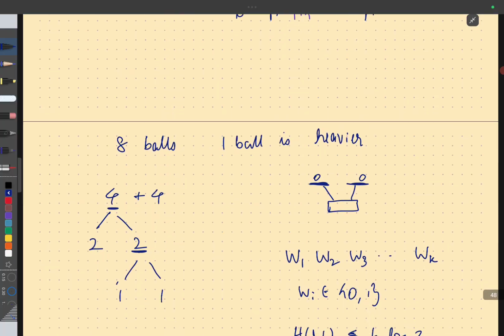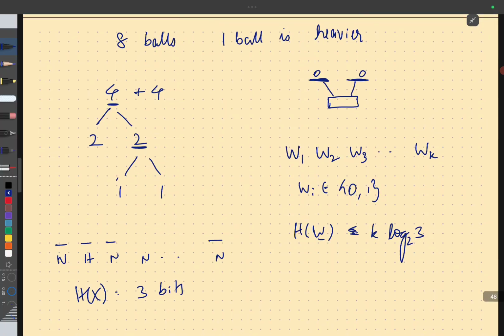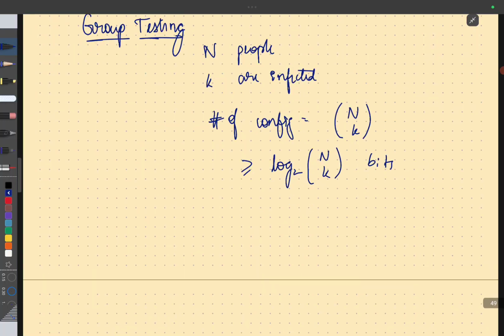One was this puzzle, or a simple problem, where the goal is to estimate something using binary or ternary measurements, and these information theoretic tools can allow you to derive lower bounds on the minimum number of measurements used to estimate or recover some particular unknown quantity. Right? We'll see another simple example.